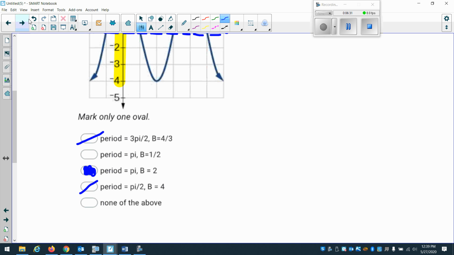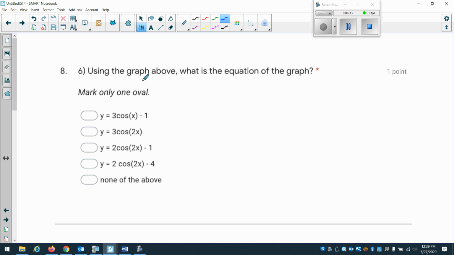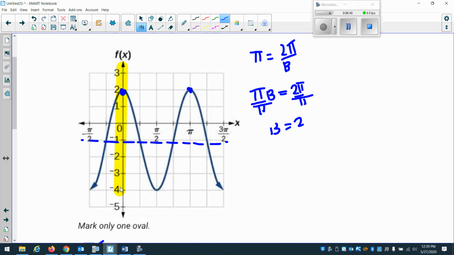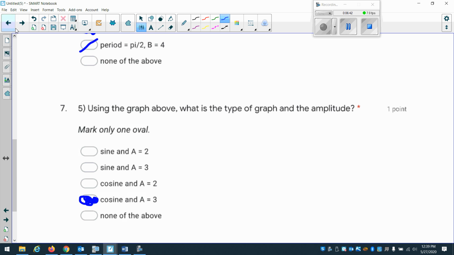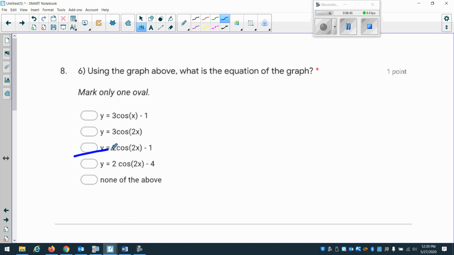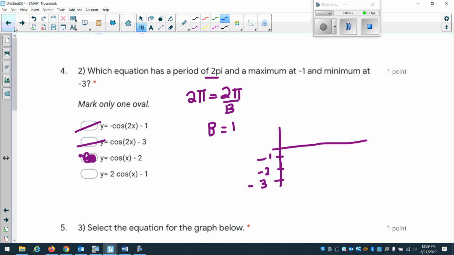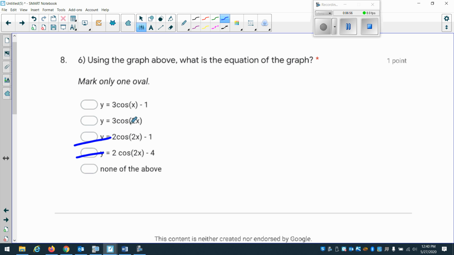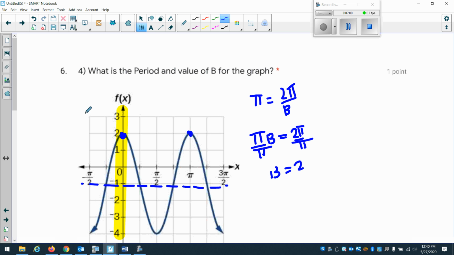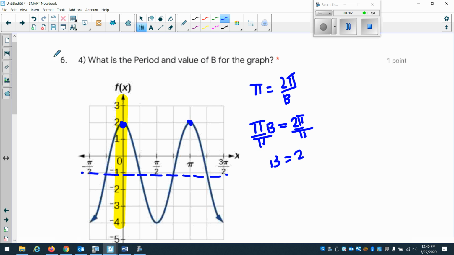Okay, the last question is, using the graph above, what is the equation of the graph? Well, we know that the amplitude is 3, so you could automatically eliminate these two. We also know the period is pi. Okay, we know the period is pi, but we also have a vertical shift of -1.